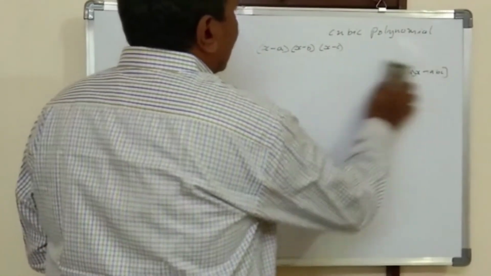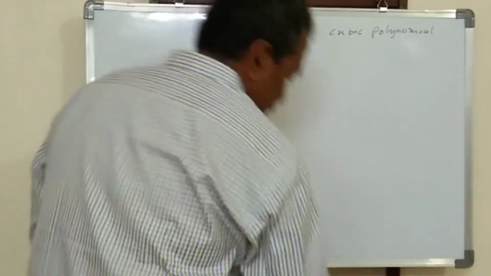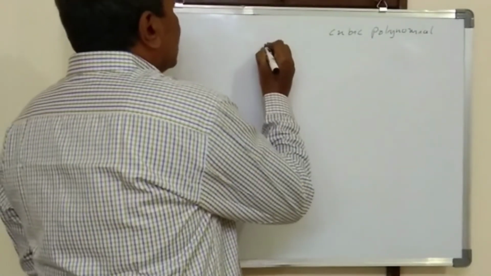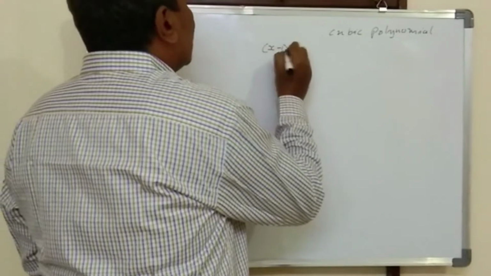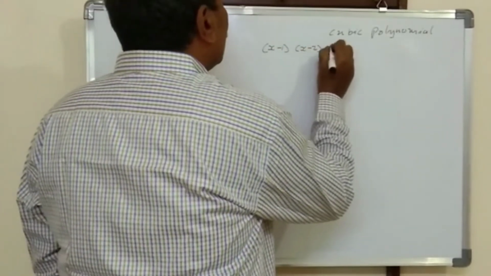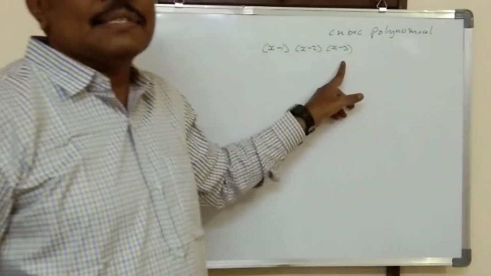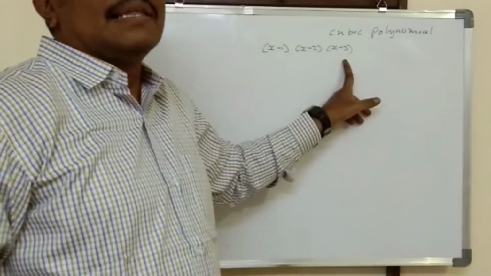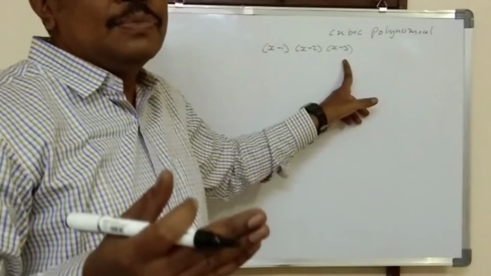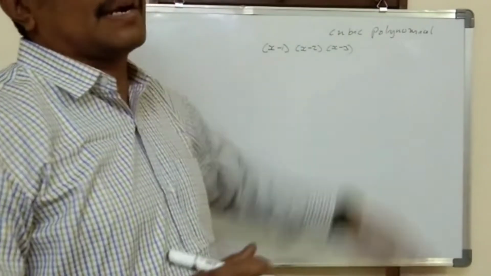Now we will take an example. Let us take x minus 1, x minus 2, x minus 3. These are the three factors. The factors are given and you are asked to form a cubic polynomial with the given factors.